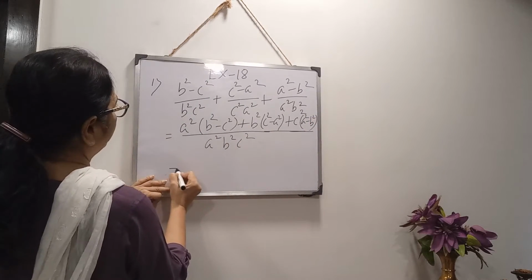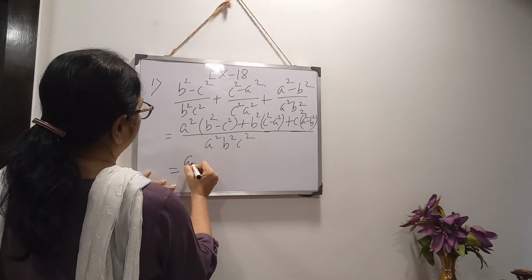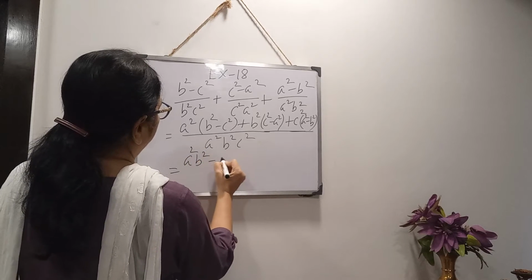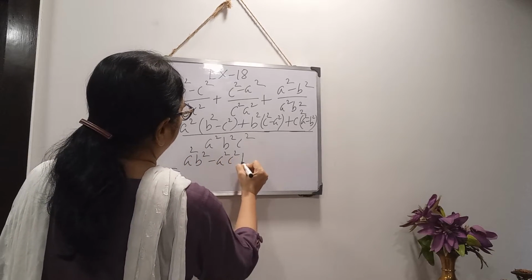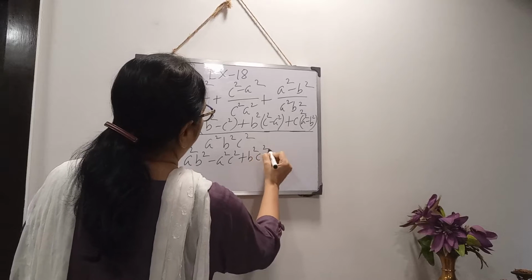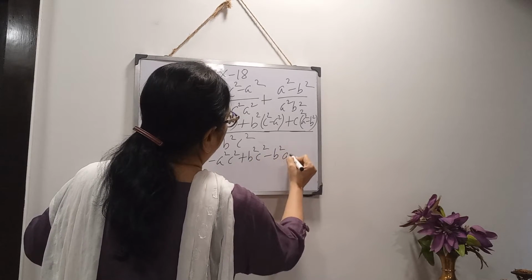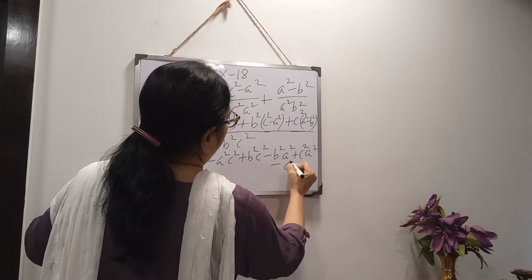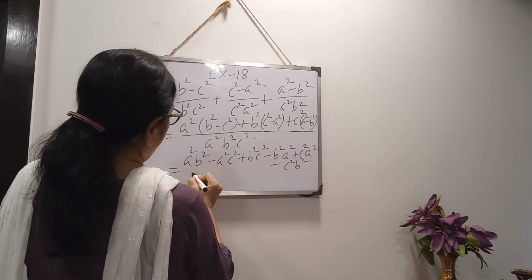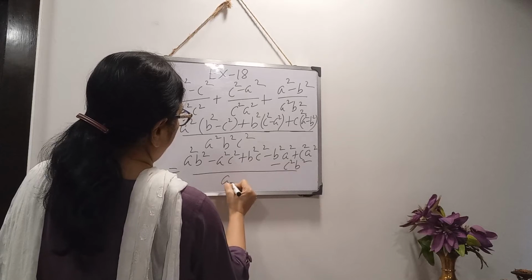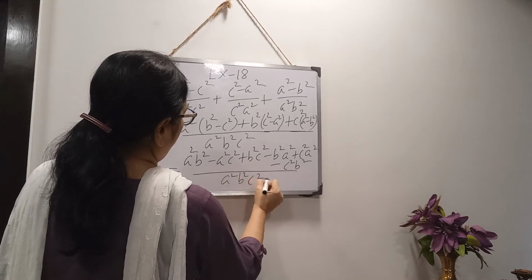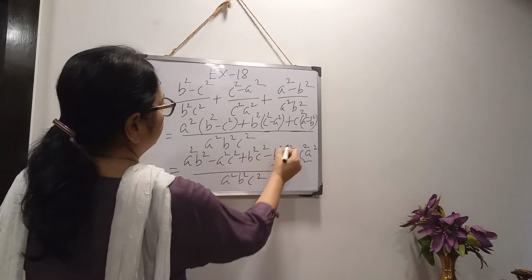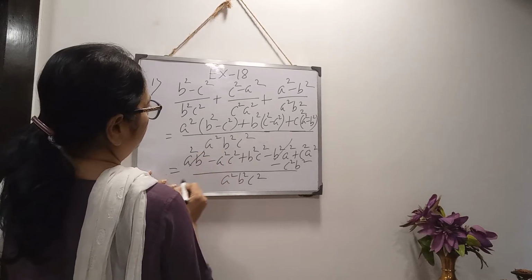Then we will open the bracket by multiplication: a square b square minus a square c square plus b square c square minus, simply multiplication by this. Now see, this is plus, this is minus, cancel out.